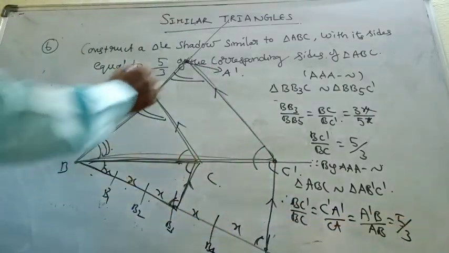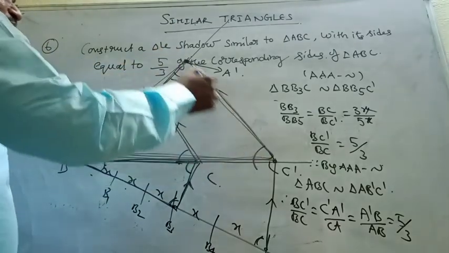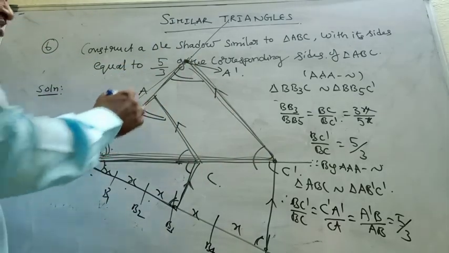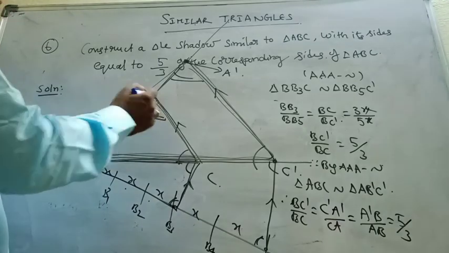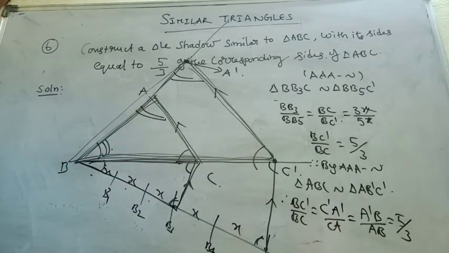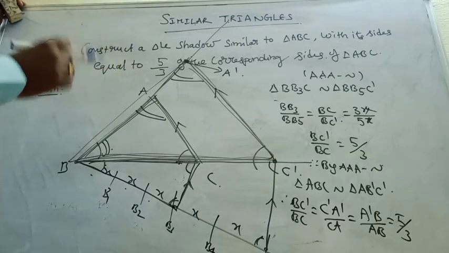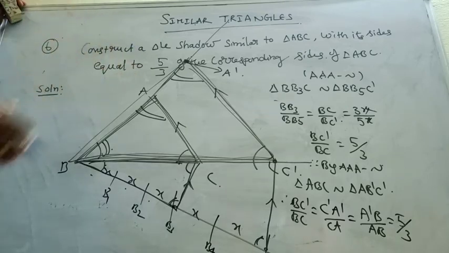You have got these corresponding sides as 5 by 3 times of the original triangle. This is the proof of how you will be doing it. Now we have constructed in this way. You understood? It's very simple how you have constructed. Each and every step you write clearly, and this is the proof.